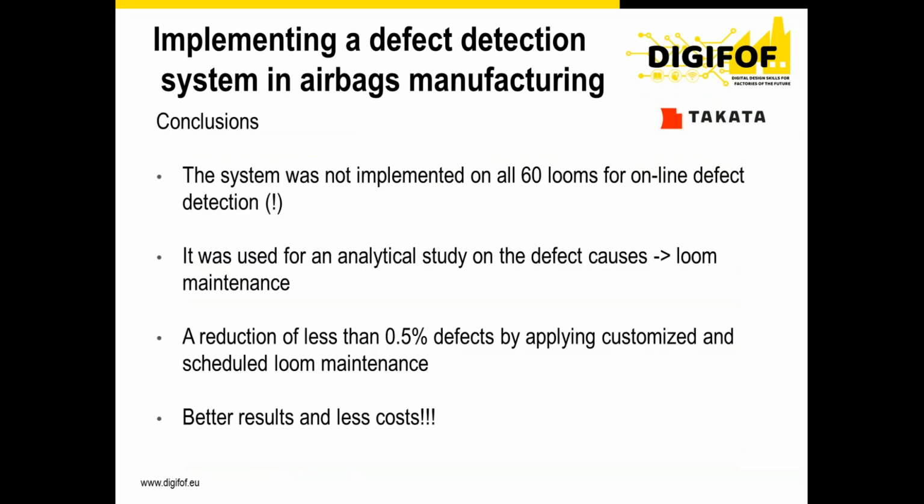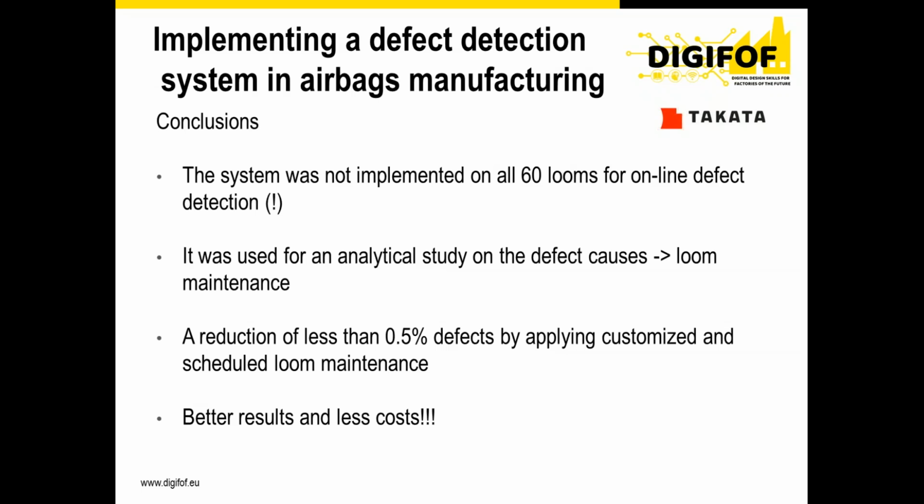The basic idea was not to implement the system on all the looms because the cost of the system was somehow high, but actually they did something smarter than detecting the defects.